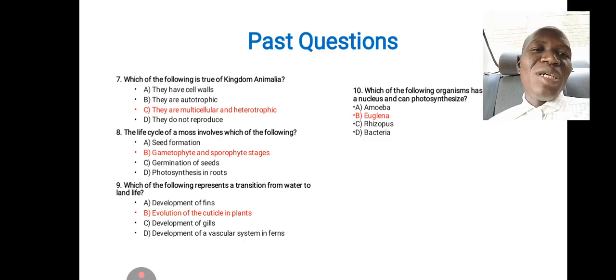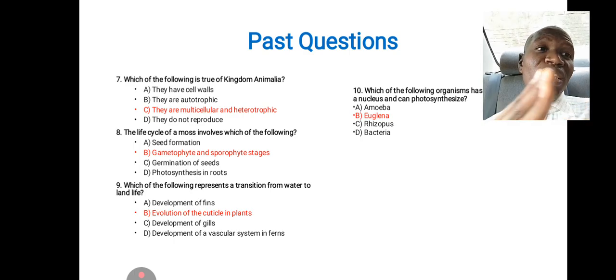All right, so the answer for the transition from water to land is evolution of cuticles in plants. You see, there is an evolution in plants from thallophytes. Do you remember? From thallophytes to bryophytes, from bryophytes to pteridophytes, from pteridophytes to spermatophyta. Now look at it. The thallophyta are mostly in water. We talked about Spirogyra, you only find it in water.